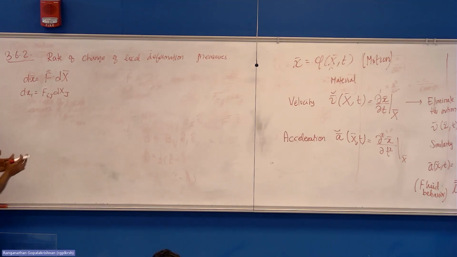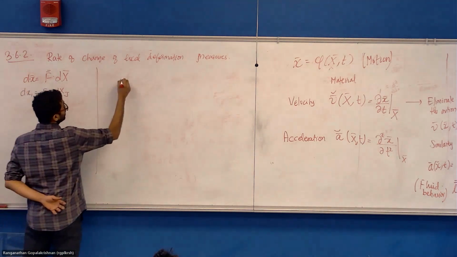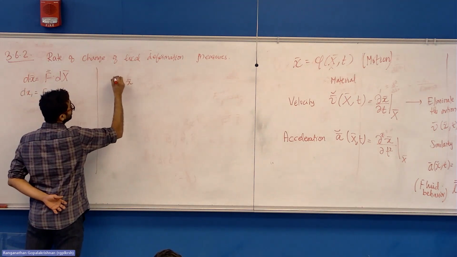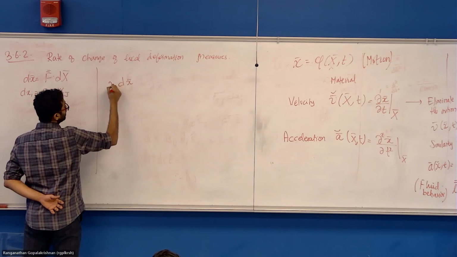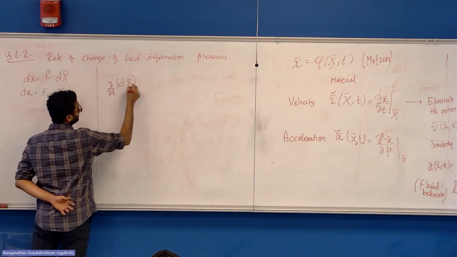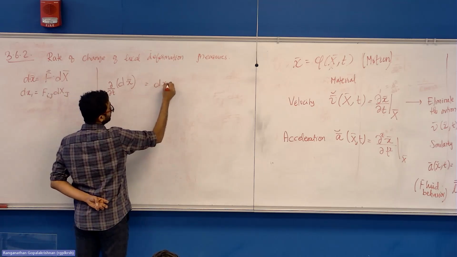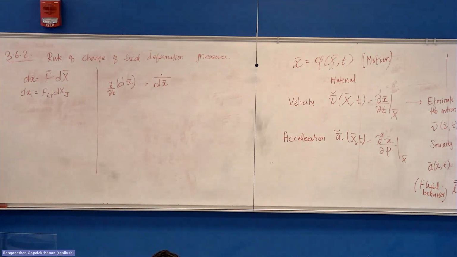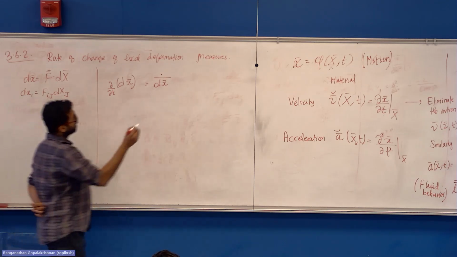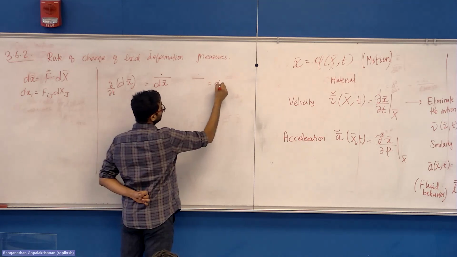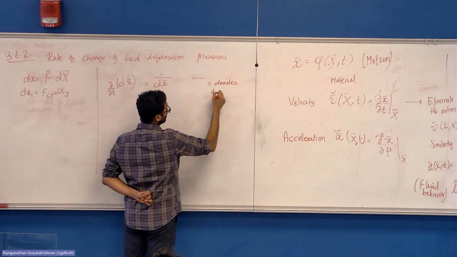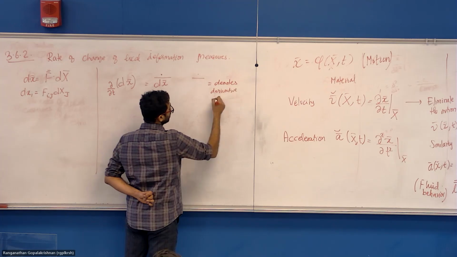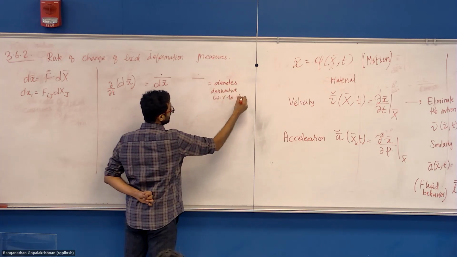What we are going to do essentially is take the vector dx and ask what is the time rate of change of dx, which is denoted by the symbol dx with a bar and dot over it. That bar with a dot is a shorthand for the time derivative. So the bar and dot denotes derivative with respect to time.